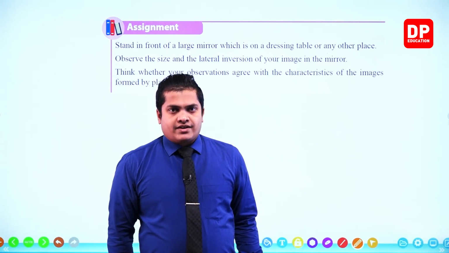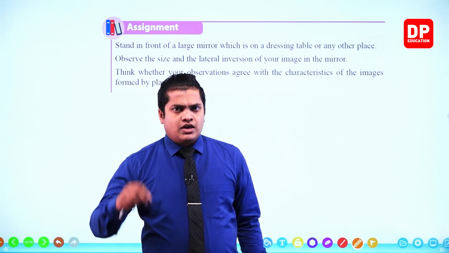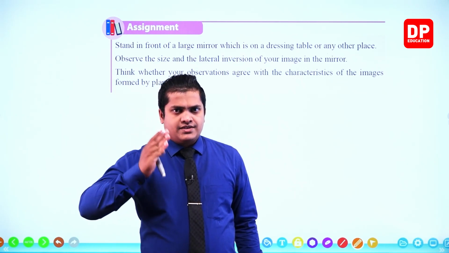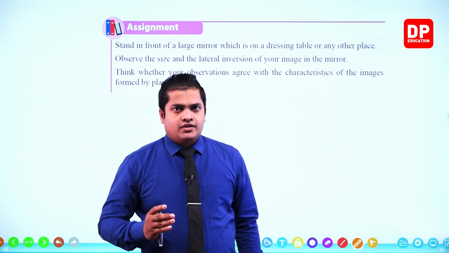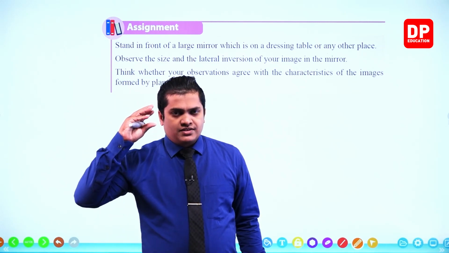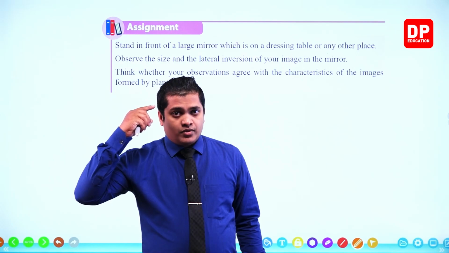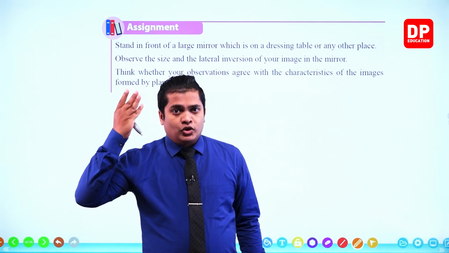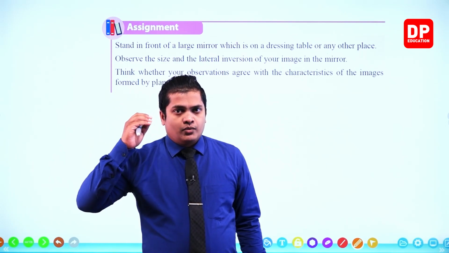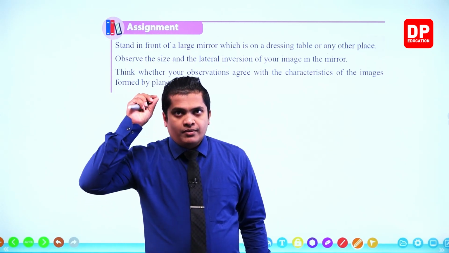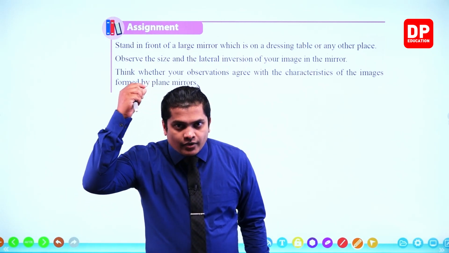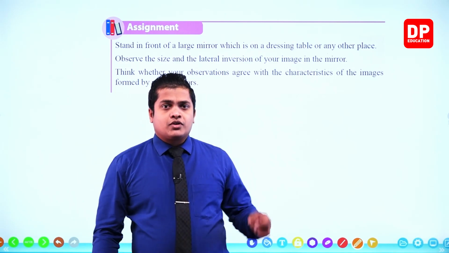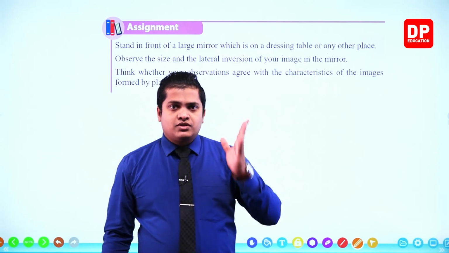Okay, then the next one, lateral inversion. Sometimes when there is a certain thing in your hair, when you observe from the plane mirror and then try to take it down, you won't be able to get the exact location by using the mirror.